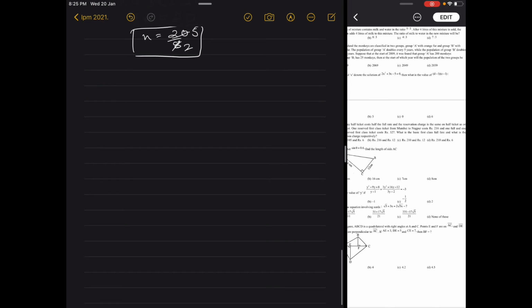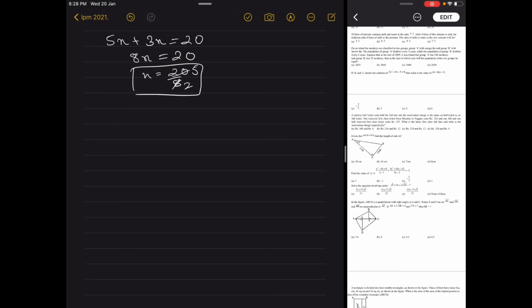Let's find that out. Definitely the ratio of the milk and water would be the same, right? 5:3 would be 5:3 only. Even if we sell 1 liter, 2 liters, 3 liters or 20 liters, the ratio would definitely be the same. So keep that in mind and let's move forward.